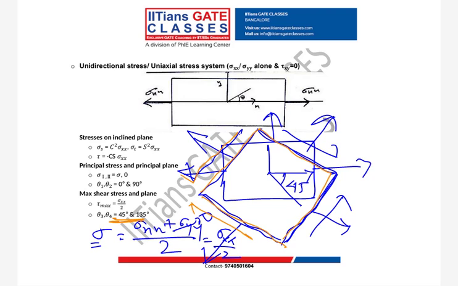Usually we know the angle between principal stresses and maximum shear stress is 45 degrees, so it is written 45 and 135, but actually it is minus 45, 45. Now find the numerical value, guys. Is it clear? Does anyone have any doubt here? Let me know.